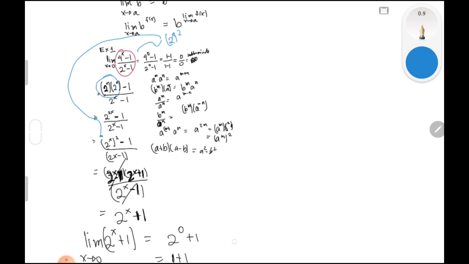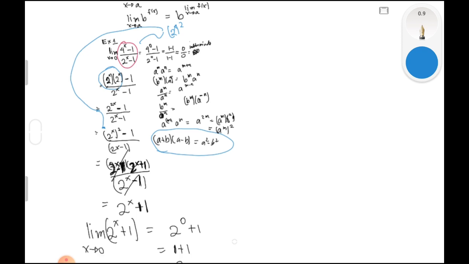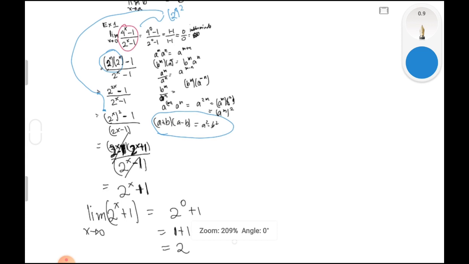So from that we may say that this is solvable by the special product rule, with the twist of our exponential rules of adding and multiplying our exponents, and then after that we can see that 2 raised to x minus 1 divided by 2 raised to x minus 1 is equal to 1.